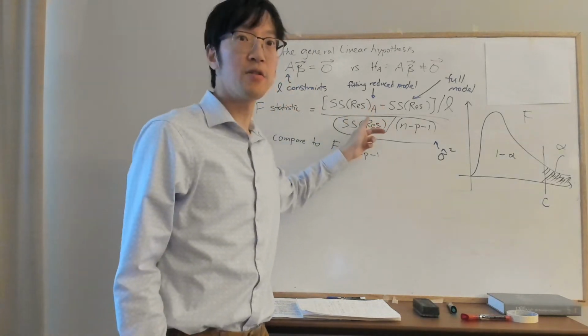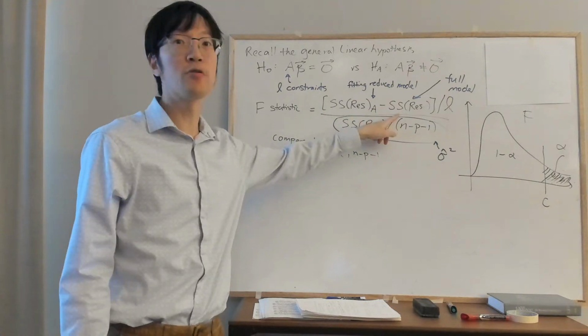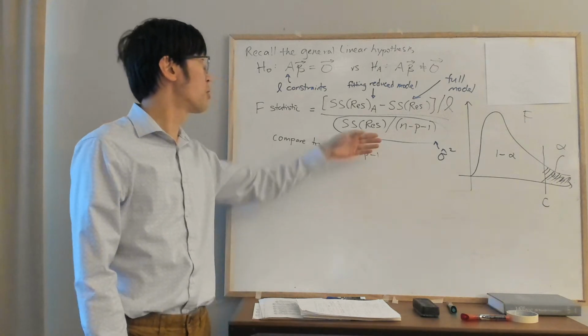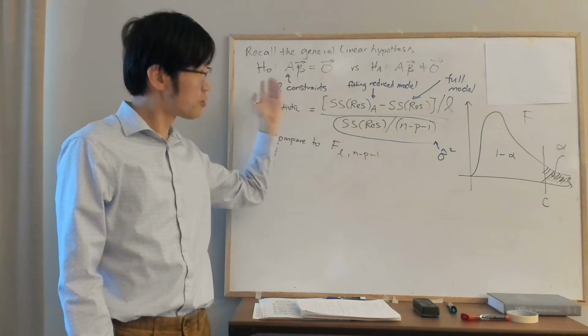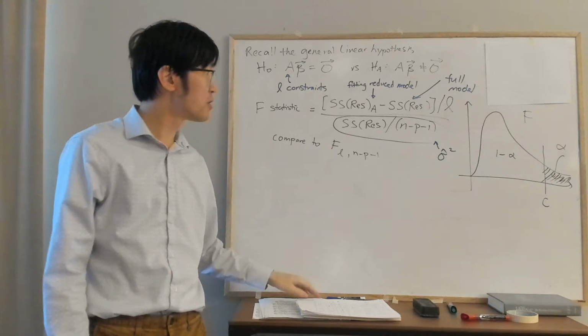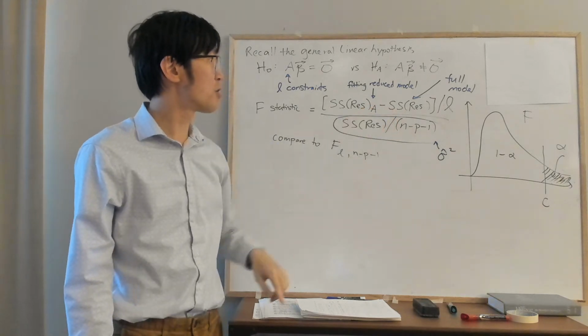The evidence against the null hypothesis is when this difference is large. In other words, the fitted models are quite different when you impose the reduced model versus when you don't. That's evidence that you in fact do need some of these additional predictors without the constraints in the model.